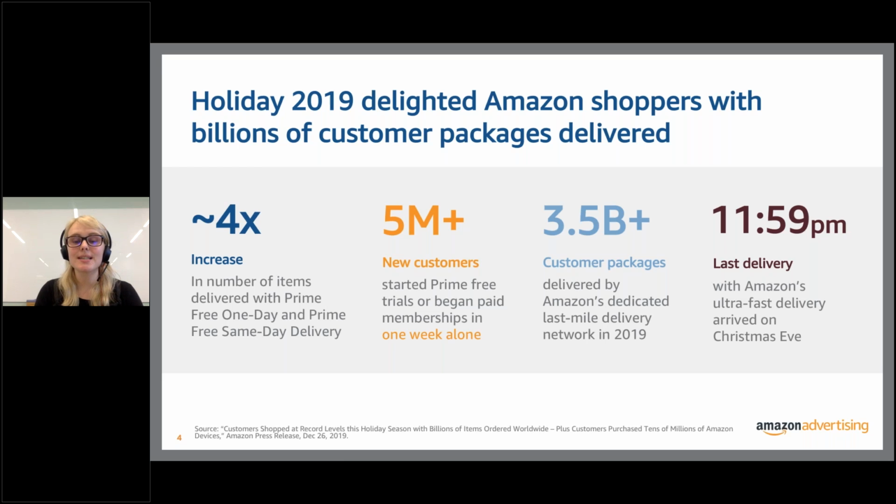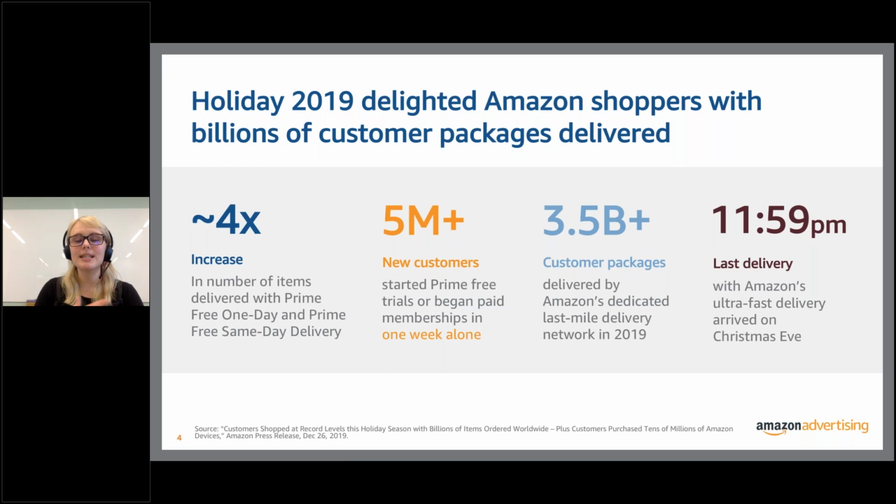Just to give you a sense of what the season meant last year, there was a 4 times increase in the number of items that were delivered with Prime Free 1-day and Prime Free same-day delivery. 5 million plus new customers started Prime Free trials or began paid memberships in just 1 week alone. 3.5 billion customer packages were delivered by Amazon's dedicated last mile delivery network. And 11:59 on Christmas Eve was the last delivery with Amazon's ultra fast delivery.